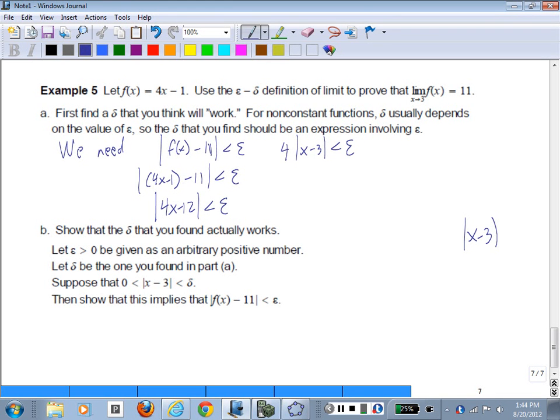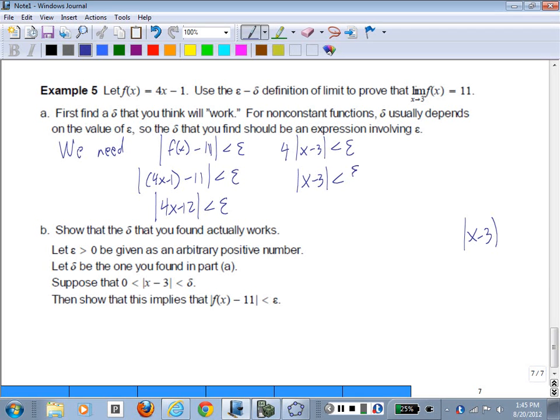So if we can get there, I think we can find our way to the end. If we need that expression to be less than epsilon, what kind of requirement should we place on this expression? It needs to be less than what? Epsilon divided by 4, yeah.